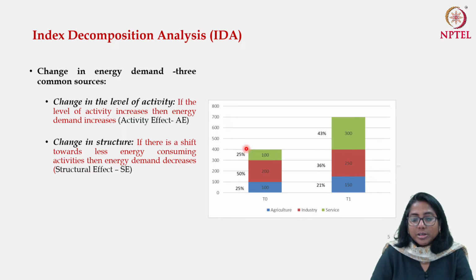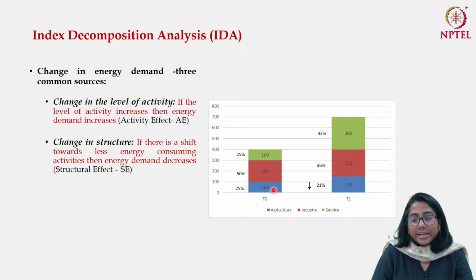Same was the contribution from the service sector. So each of these two sectors, agriculture as well as service, were contributing 25% respectively, and 50% of GDP was coming from the industrial sector. In the changed period, the recent period, you see that there is a decrease in the share of the agricultural sector in the economy.